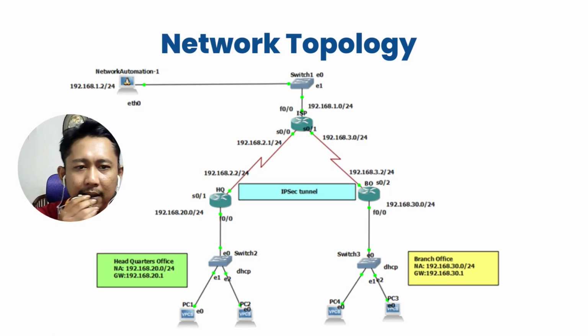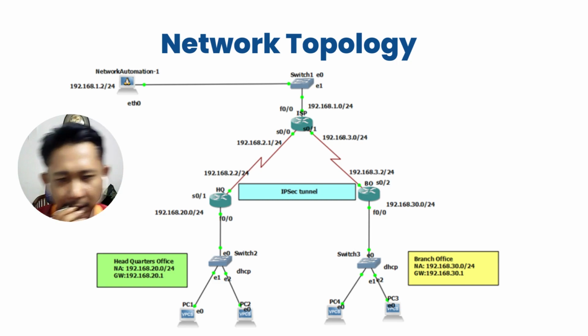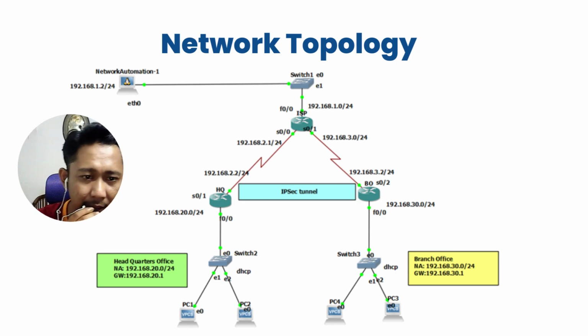So, this is our proposed project network topology. We use three routers and three switches, not fully automatic configuration because we include the manual setup for the configuration for the router, HQ, BO, and ISP.